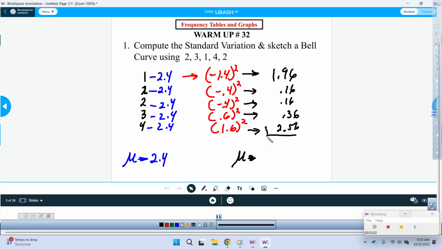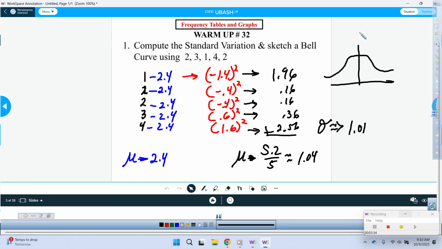So you add those and divide by 5, and that gives us 5.2 divided by 5, that is approximately 1.04. And to get our standard deviation, Sam, since you're already done, what'd you get for standard deviation? 1.01? Looks about right.